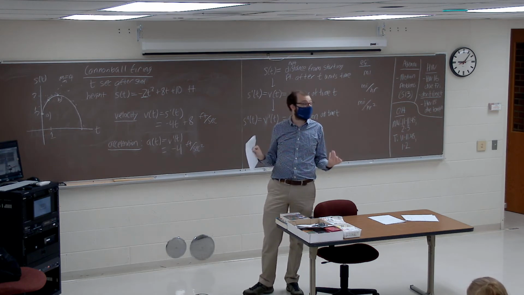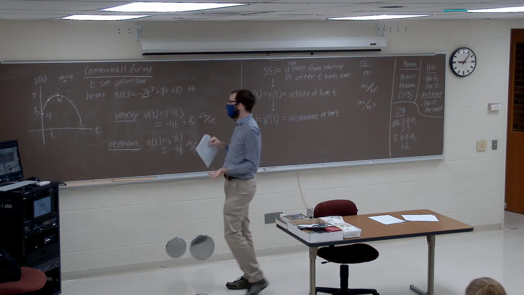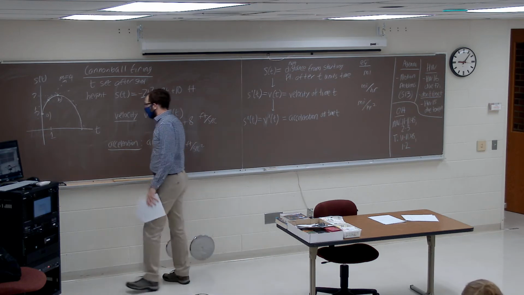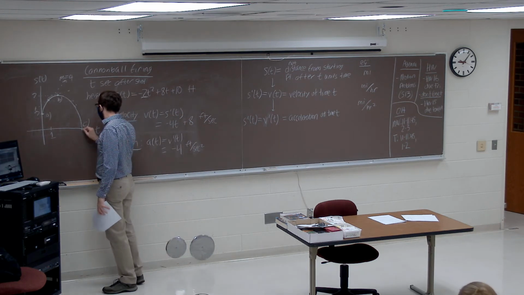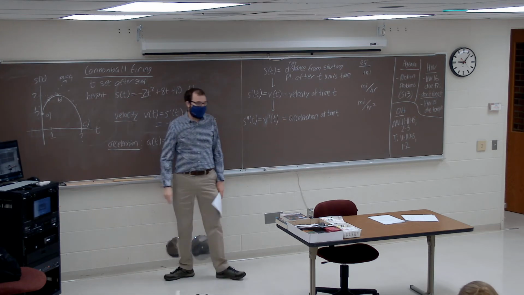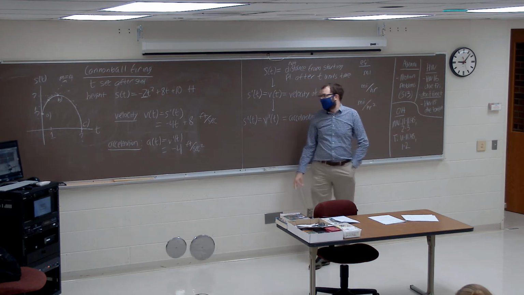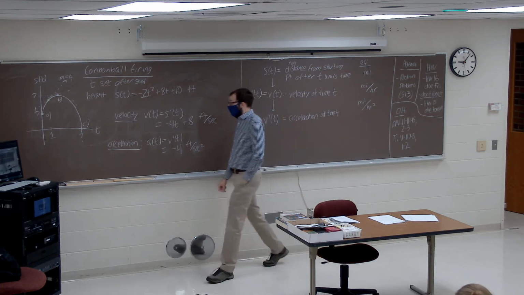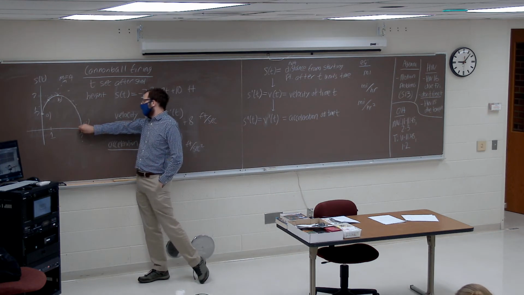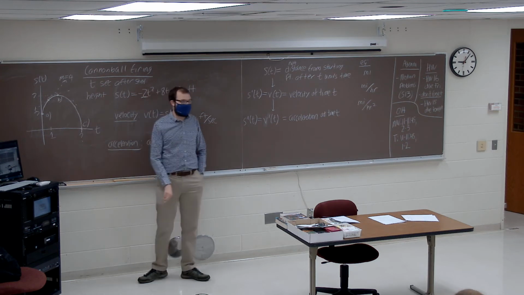It's the apex of its trajectory, the highest it's ever going to get. And finally, I want you to tell me at what point in time the cannonball is going to hit the ground. In other words, what value of t is it going to be where the cannonball's height becomes 0?